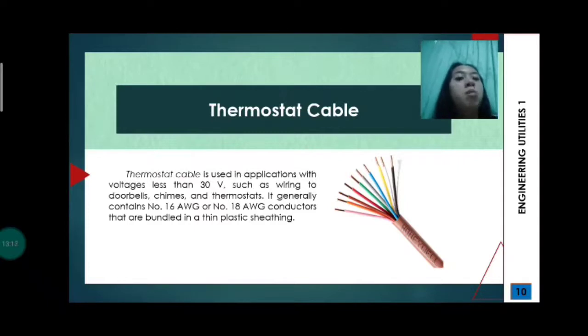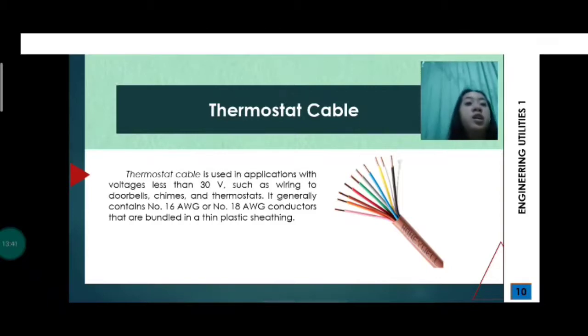So these cable are usually used in a doorbell of a big house or a mansion. So aside from that, it has minimal use of voltage lang yung kaya niyang i-carry. That are the 7 cables that is commonly used in our surrounding to conduct the electricity.